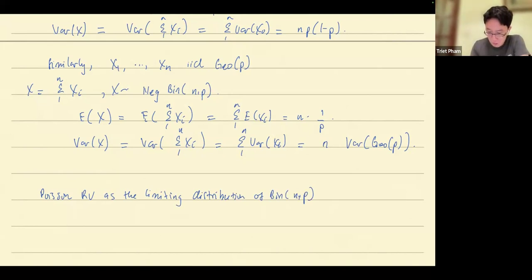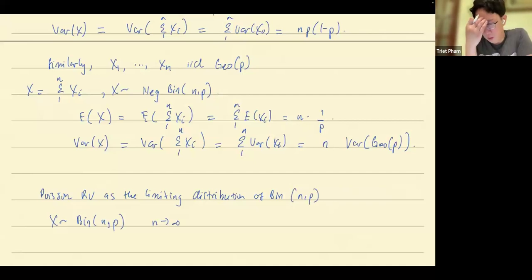Here's how it works. Suppose you have X as a binomial (n, p) random variable, and suppose that n is large. As is very typical with a binomial random variable, you have a large number of trials. So that's what we mean by n goes to infinity. But that's not enough.